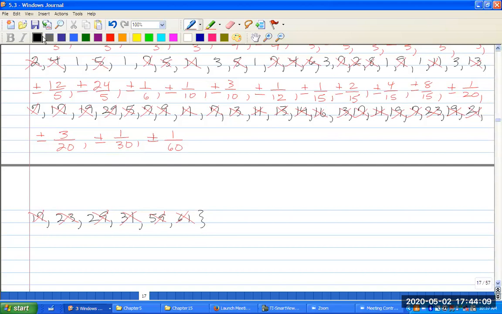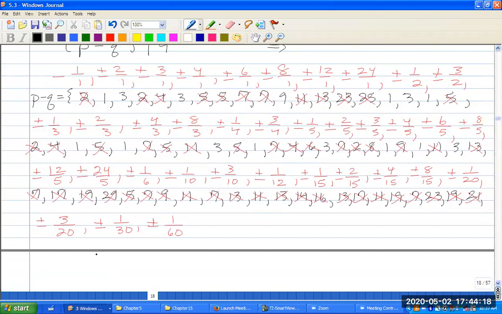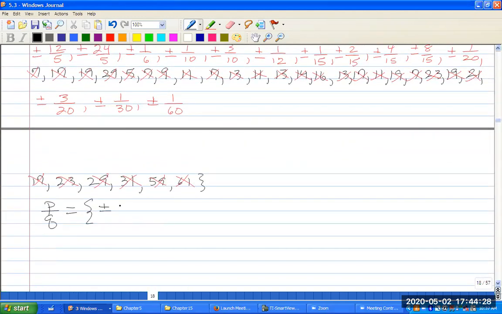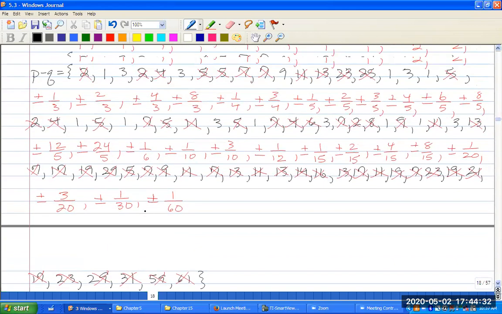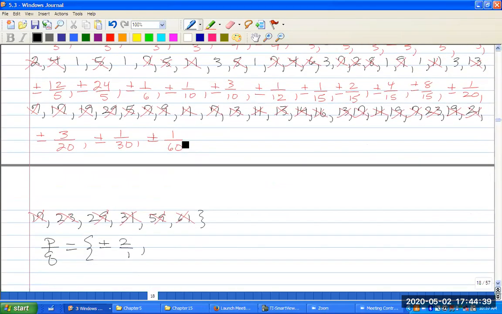P over Q. So what is this list now? Okay, so that's the plus or minus 2. That's still in there. So plus or minus 2 is in there. And then the 4 is still in there. Just the plus 4.